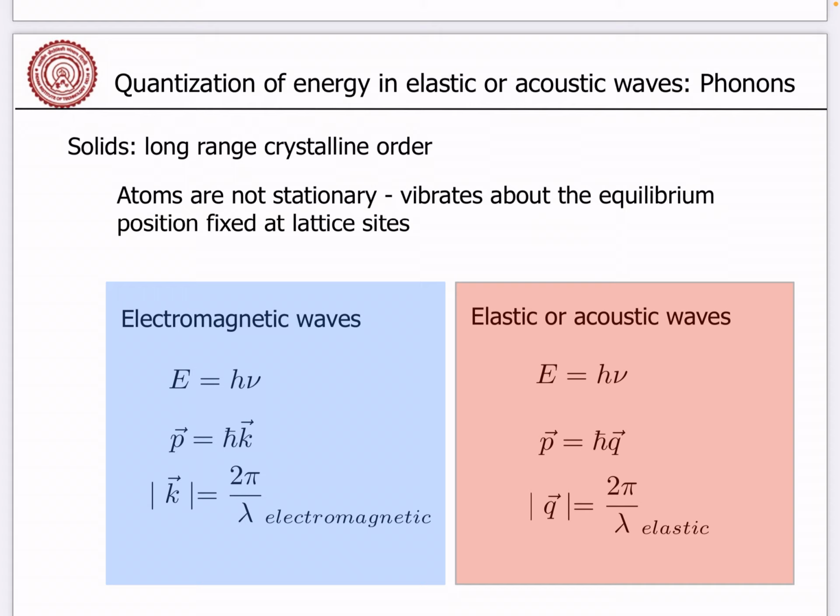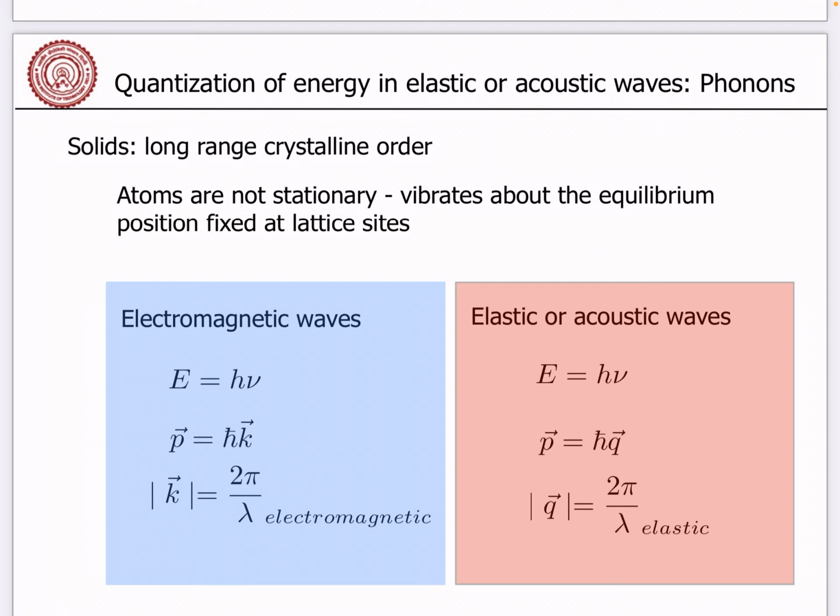In the case of electromagnetic waves, we are talking about photons, right? This is the quantized particle corresponding to each wavelength. Here in this case, it is phonons, which is again a quantized particle corresponding to that wavelength lambda elastic.